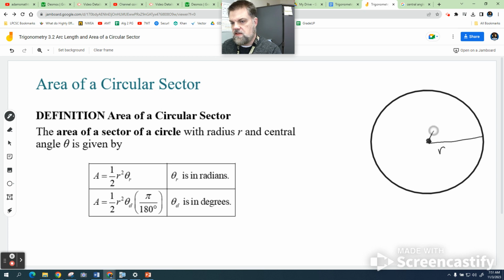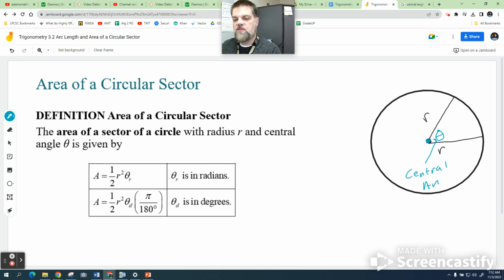And sometimes we can measure part of that circle. So this angle theta here, because it goes to the center of the circle, right? This is the center of the circle. We call this the central angle.